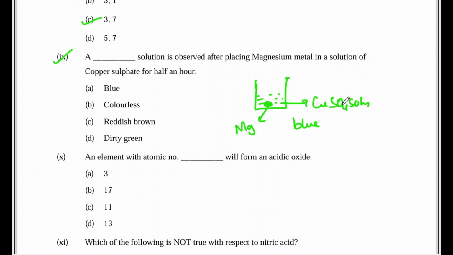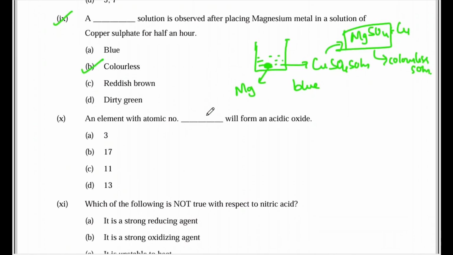So it will displace copper from copper sulfate, and in the displacement reaction you will get magnesium sulfate plus copper. They have asked here, dash solution is observed. Magnesium sulfate is a colorless solution. So a colorless solution is observed after placing magnesium metal.